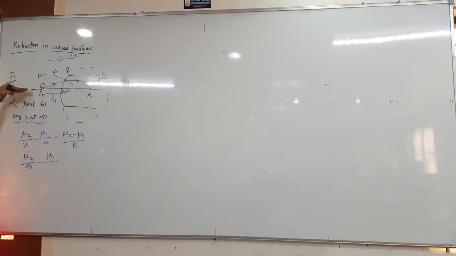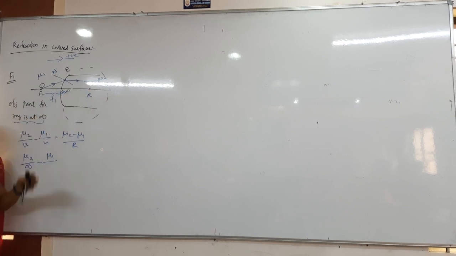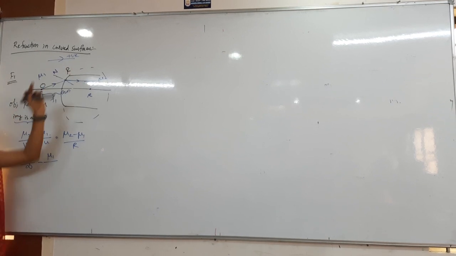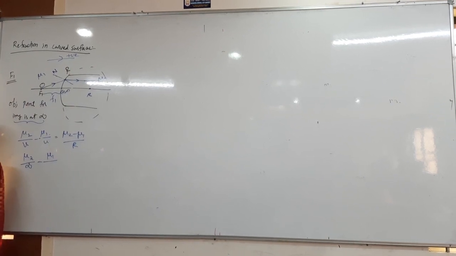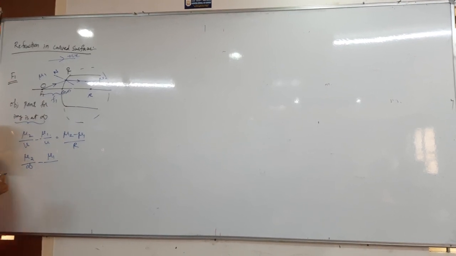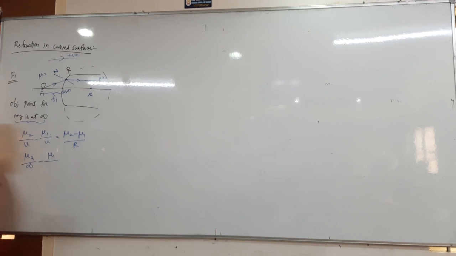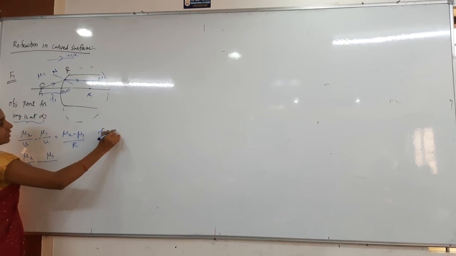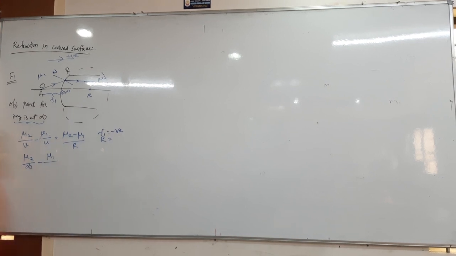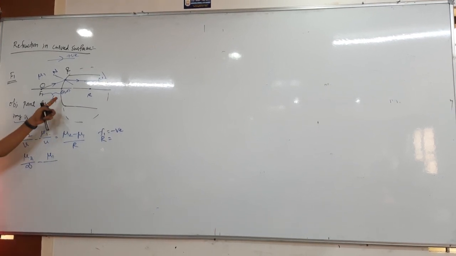So the incident ray is going in the right side direction, wherever it might be in the plane. My right side is the positive direction. Always measure the distance from the pole. From the pole to F1 you are going in the opposite direction, so the focal length will be negative. Now tell me, the radius is in which direction?